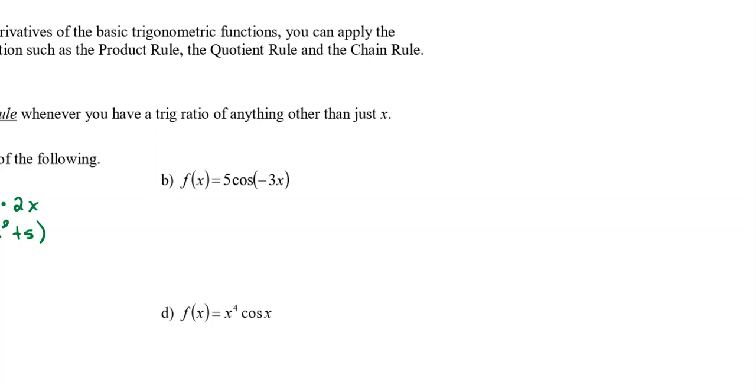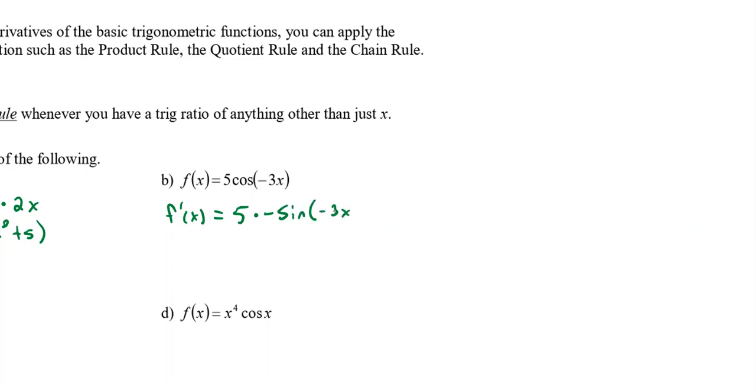Okay, so let's do this one. So f prime of x is equal to, okay, well, the 5, the coefficient out front, right, that doesn't even really play a part. You can just pull that out. Don't even worry about it. So the 5 will just hang out. So that's 5 times, and now the derivative of cos was negative sine.